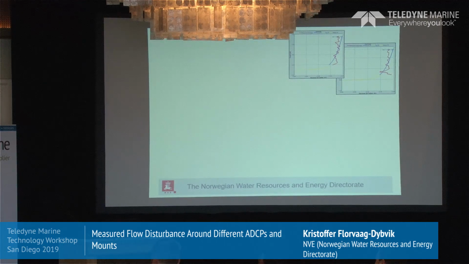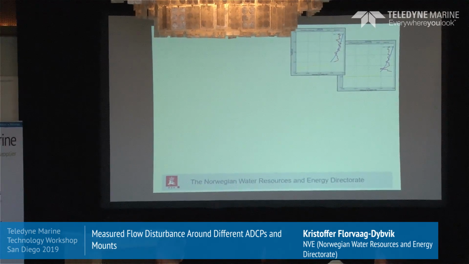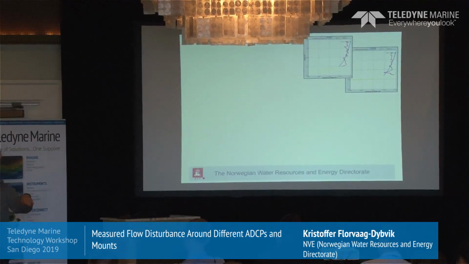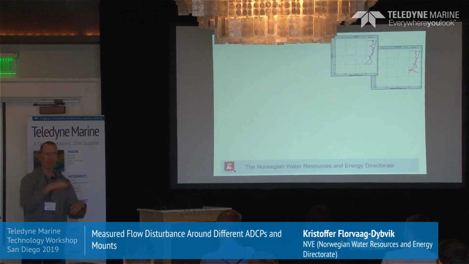Because what you really want to see is the shape of the velocity profile, and that depends on the relative depth more than the absolute depth, in theory anyway. And if you try to average from a deep part of the river into a shallow part of the river, then you will take the bottom velocities here and try to average them with the mid-depth velocities here, and that's wrong.